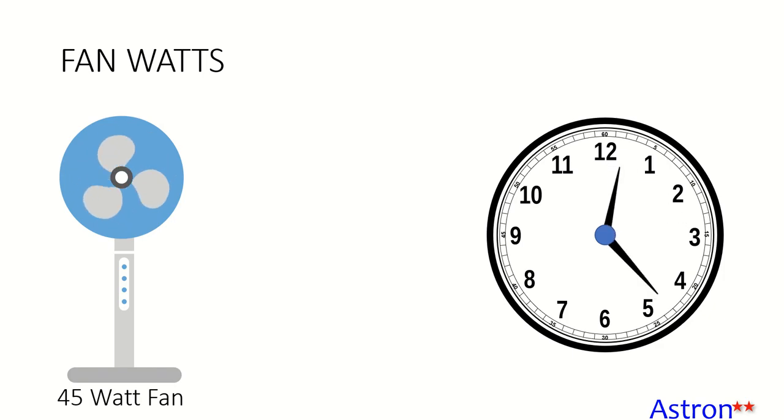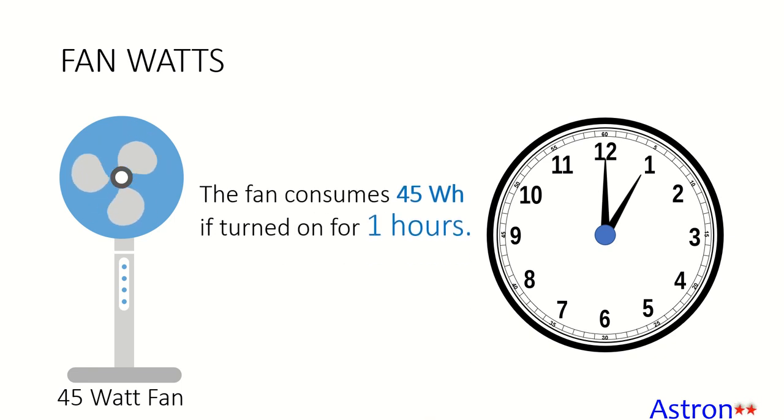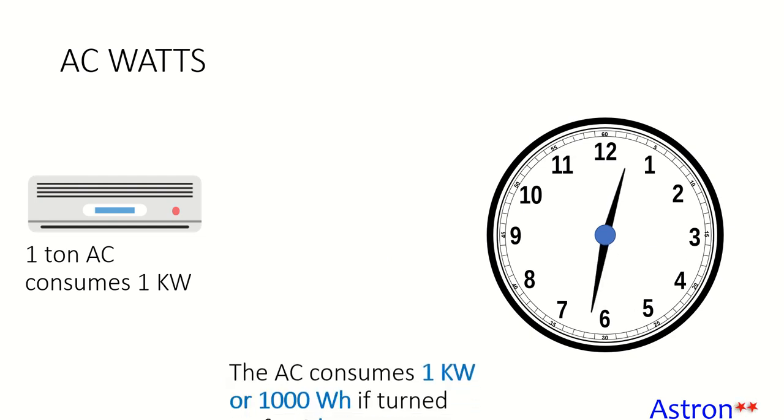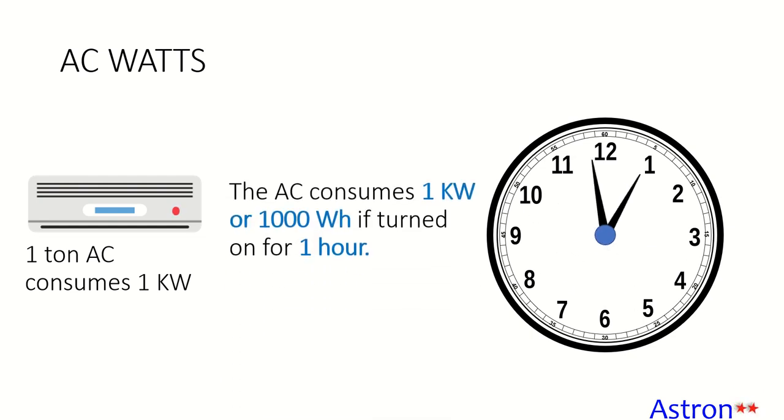If this fan is turned on for 1 hour, it will consume 45 watt hours. If this AC is turned on for 1 hour, it will consume 1 kilowatt hour.